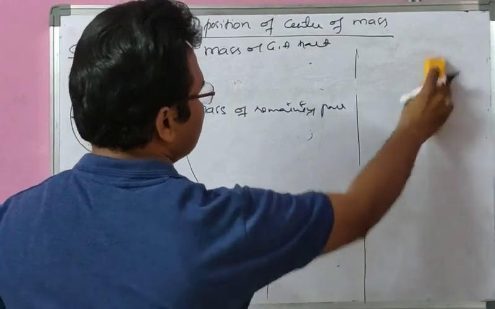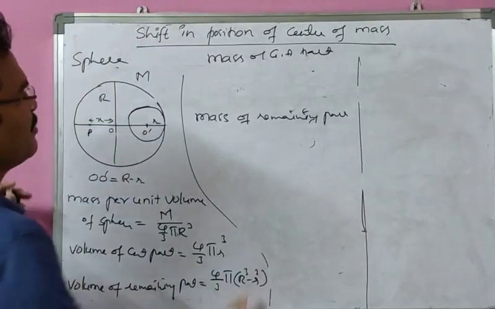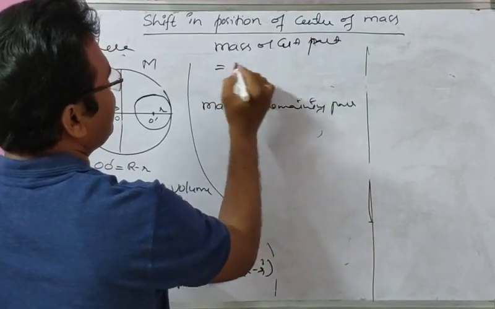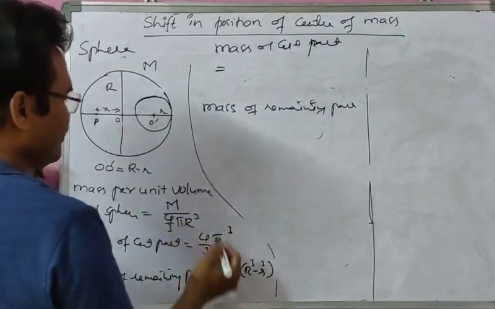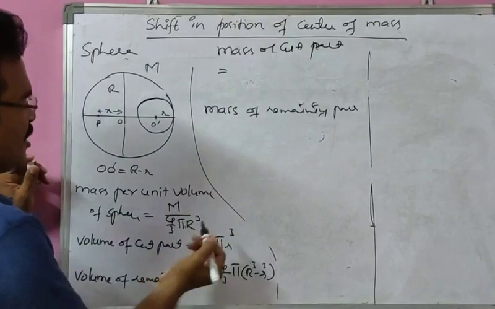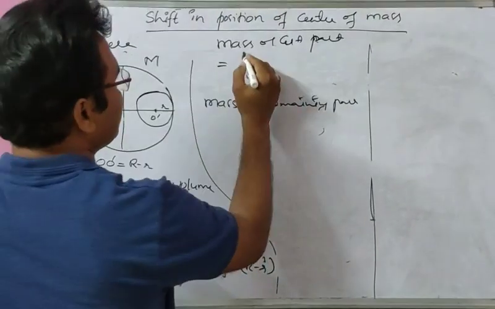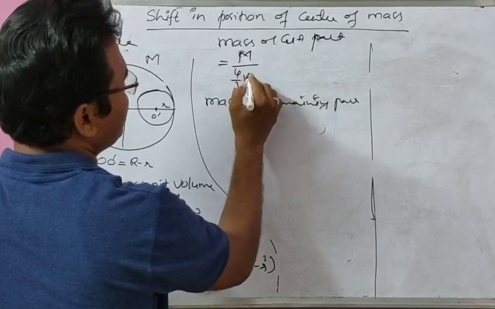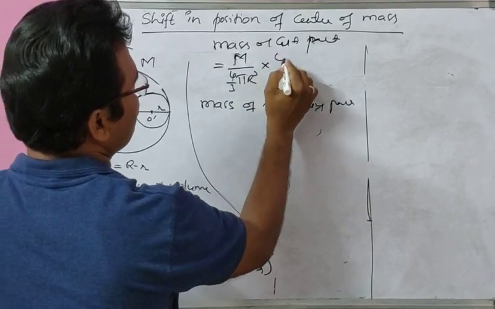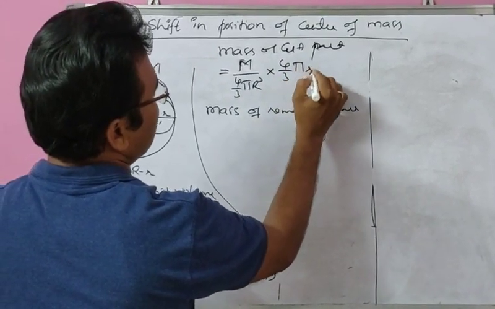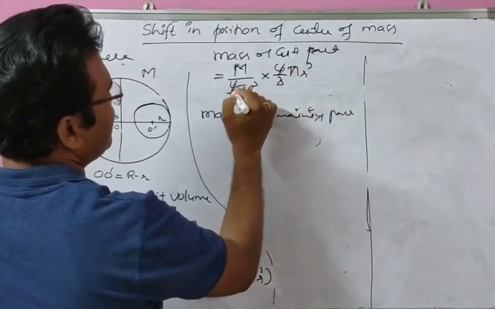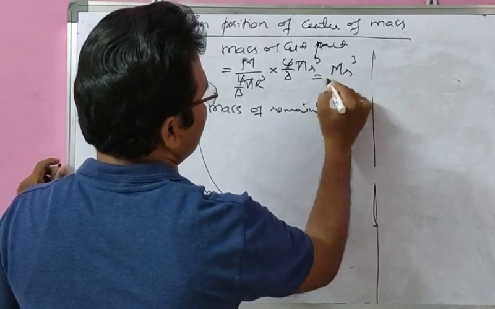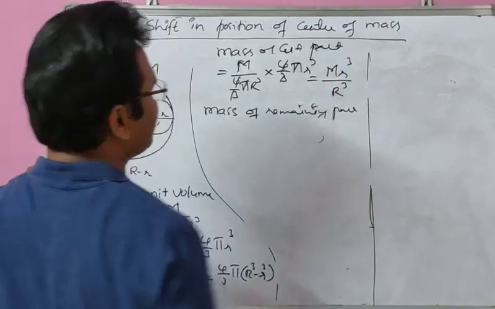It is very simple. It is similar to the disk, very easy to remember. Mass of cut part means we have to take mass per unit volume into this volume here, that is M by 4 by 3 pi capital R cube into 4 by 3 pi small r cube. So 4 by 3 pi, 4 by 3 pi cancel. We get M r cube by capital R cube.